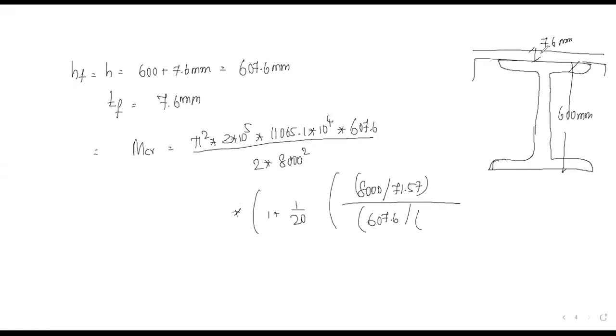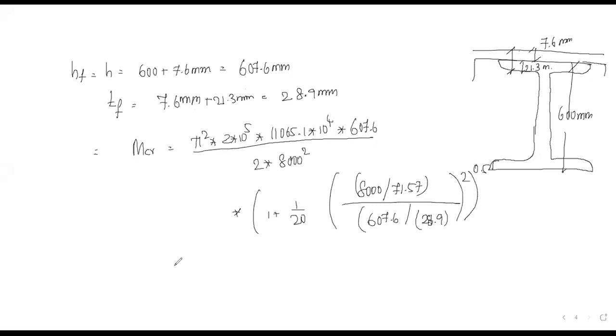Here it is 21.3 mm thickness, so I have to add this 21.3 mm also. Then it becomes 28.9 mm, the total flange thickness. The whole square power 0.5.